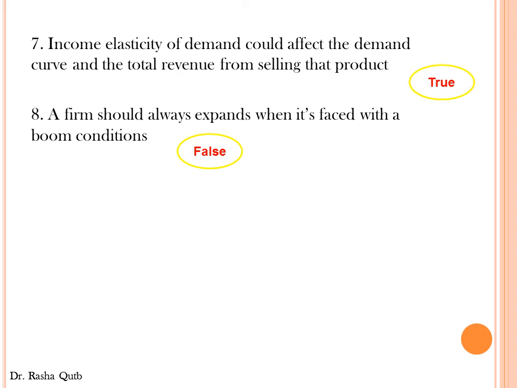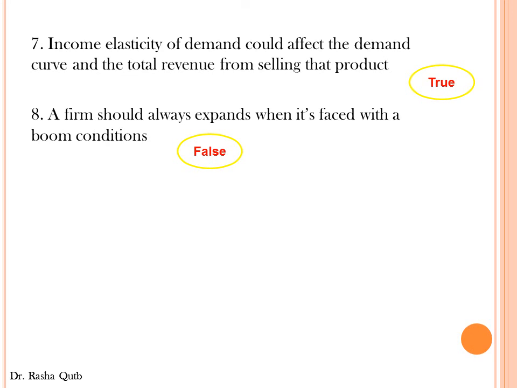If the market experiences a boom and the commodity that's being produced and sold by the firm has an income elasticity of demand greater than 0, which is a normal good, in this case, the increase in income leads to increase in demand, and the firm can increase its total revenue by increasing the price or quantity or both. And hence, the profitability and total revenue of the firm would increase.